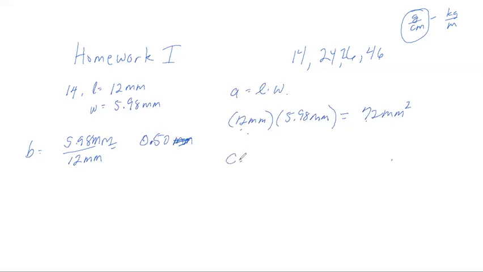All right, C is what? The perimeter. C asks for the perimeter of the rectangle. This is an addition function, right?